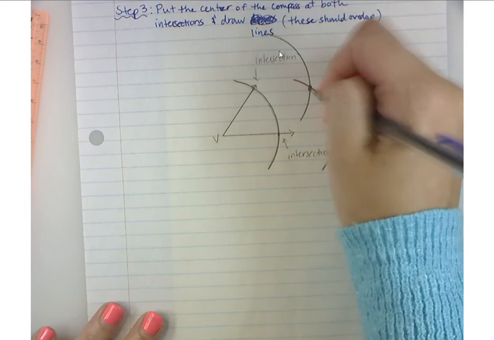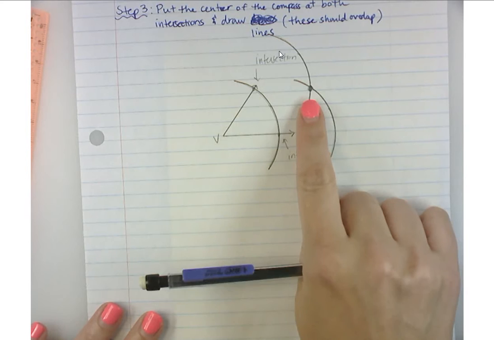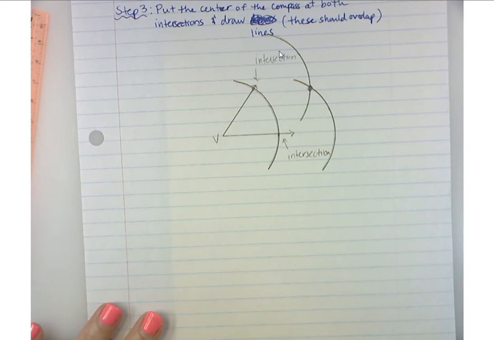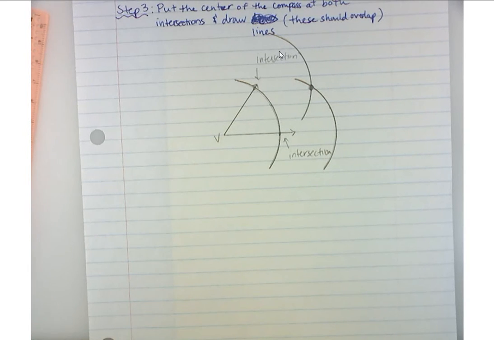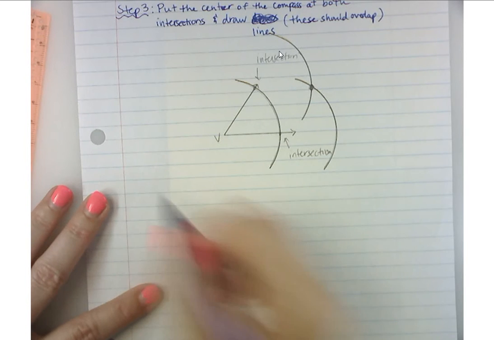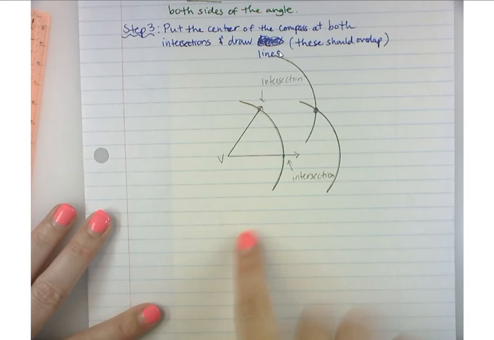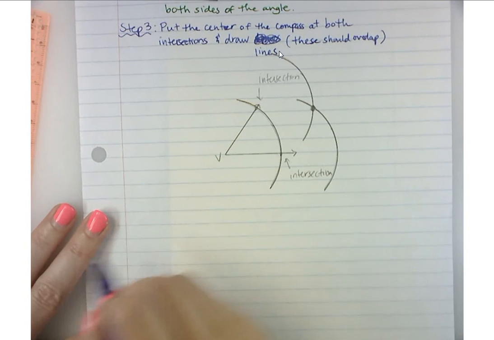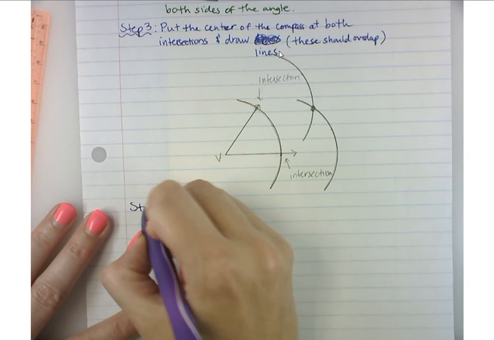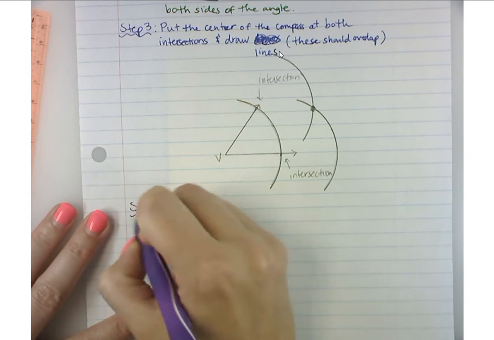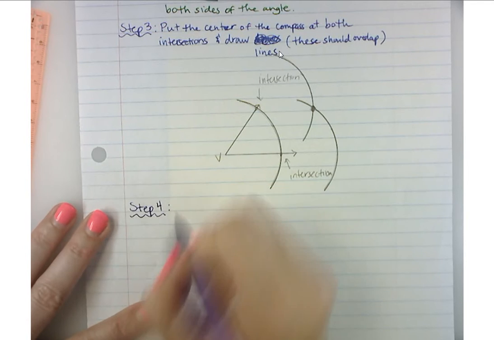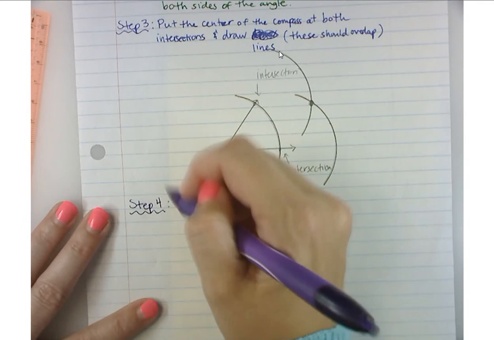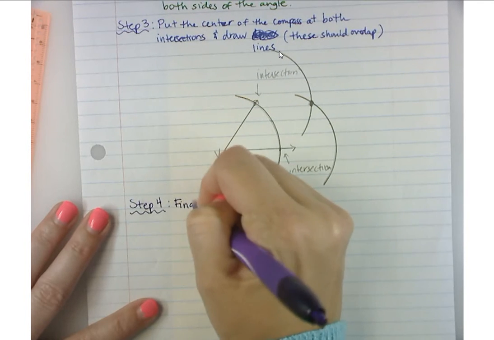What you can do is you can just draw a point at that point of intersection. That's going to be a really important part for our last step, which you can see I ran out of space here, so I'm just going to put step 4 underneath it. You might have to do that too. Okay, so step 4 is to find the point of intersection.